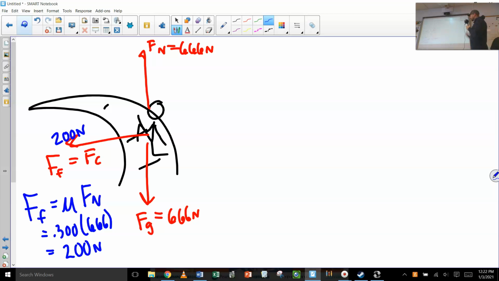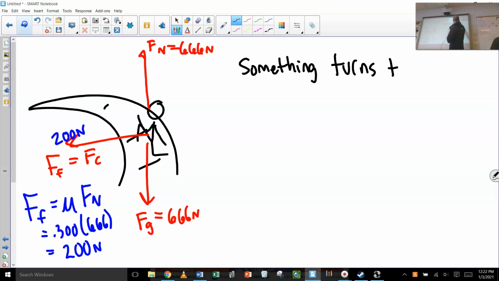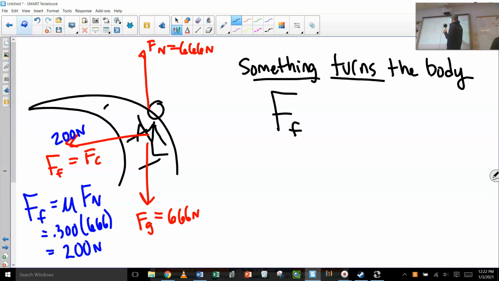So, how do we do this? In a problem like this, whenever you turn a corner, something turns you. And I've already kind of given you a hint as to what's turning this object, and it's friction. The turning force we know as the centripetal force.